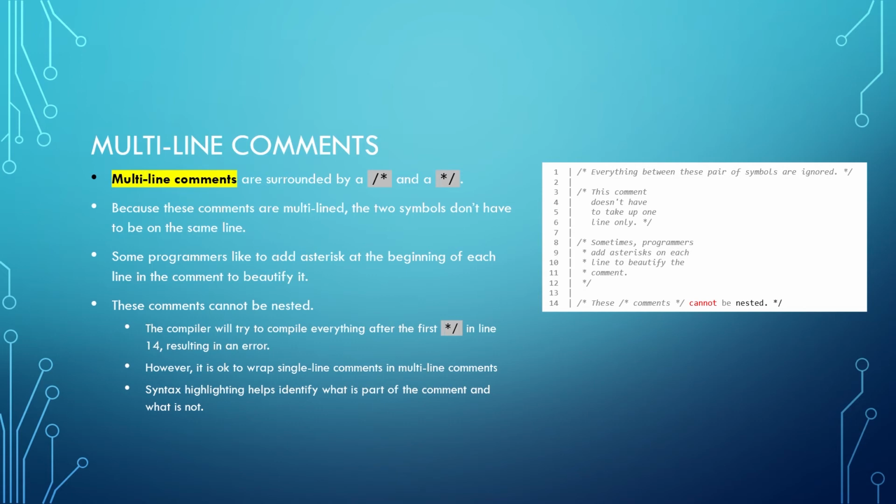Syntax highlighting helps identify what is part of the comment and what is not. If you're using an IDE with syntax highlighting, comments are usually gray or green, and like over here you have different colors, and because this is a different color than the comments, you know this is outside of the comments.